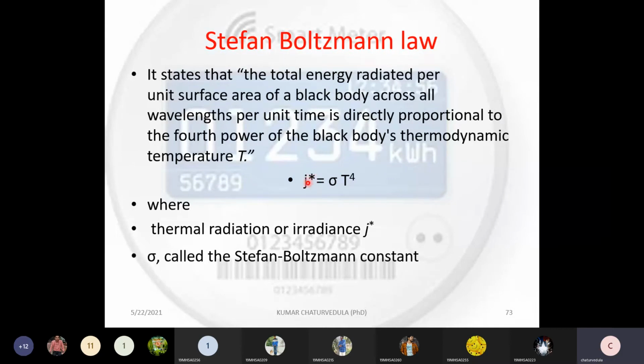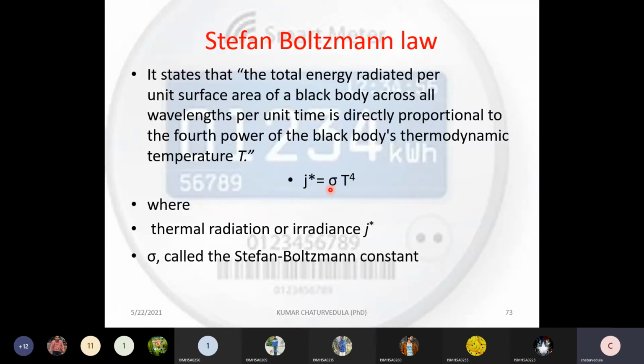So J, the thermal radiation, is directly proportional to T power 4, and the proportionality constant is replaced with sigma, called the Stefan-Boltzmann constant. You might have studied this experiment in your school days, where they show you a radiation cube and a glass mirror. They may place a candle in the radiation cube, and through the glass you measure the temperature on a scale of readings.